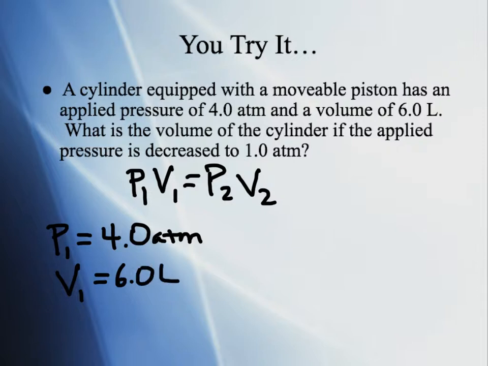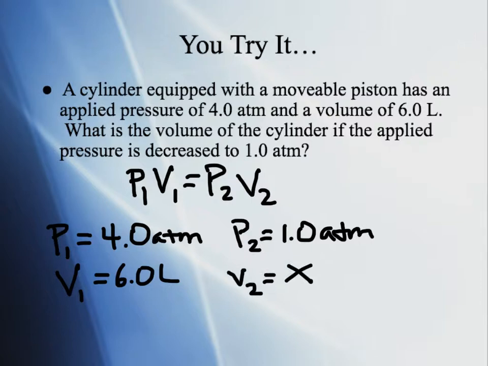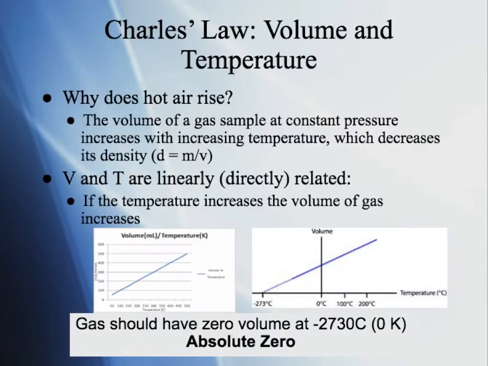What is the volume of the cylinder if the pressure is decreased? So here's our P2, 1 atmosphere, and you have to figure out what that volume is. Good luck.